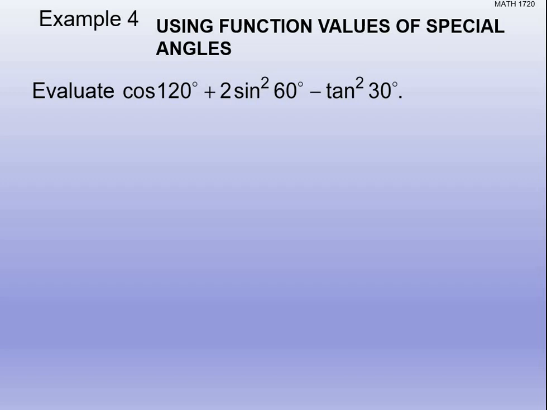You need to draw each one of those angles, find its reference angle, and then use those ratios. The sine of 60 and the tangent of 30 are both first quadrant angles, so those should be pretty easy to calculate because we're using a 30, 60, 90 triangle to get those ratios.